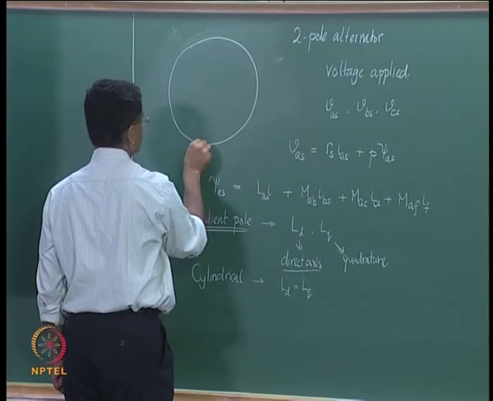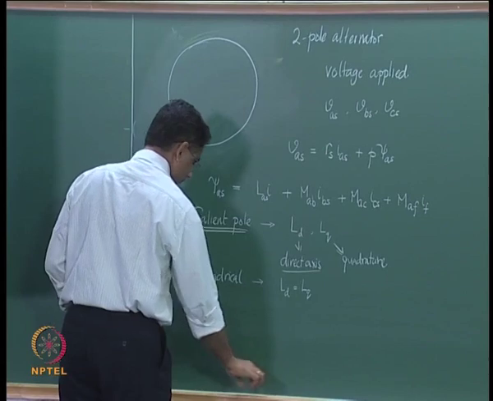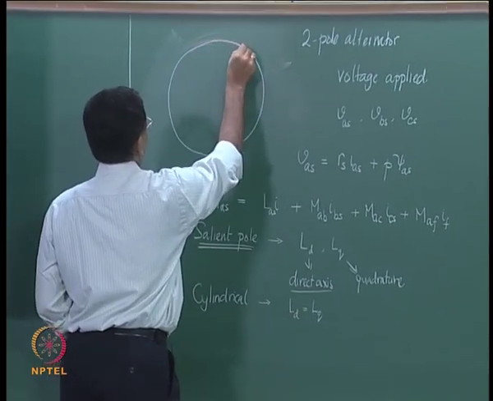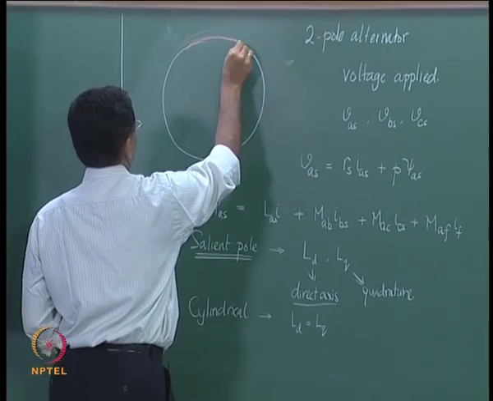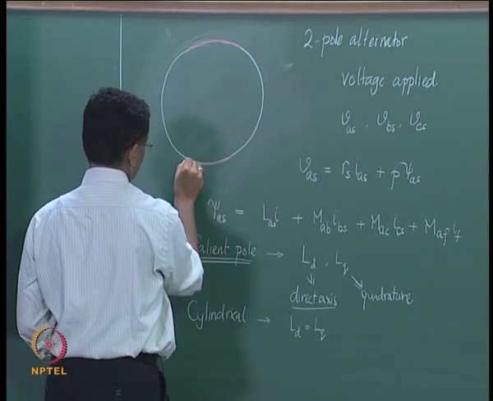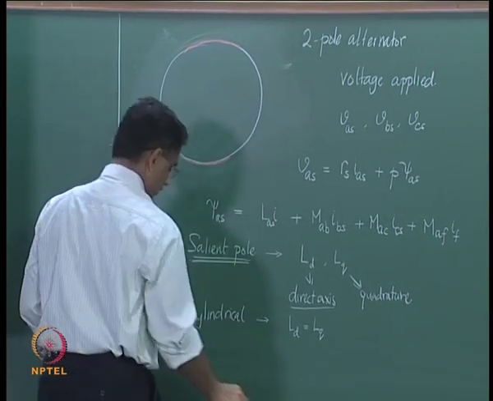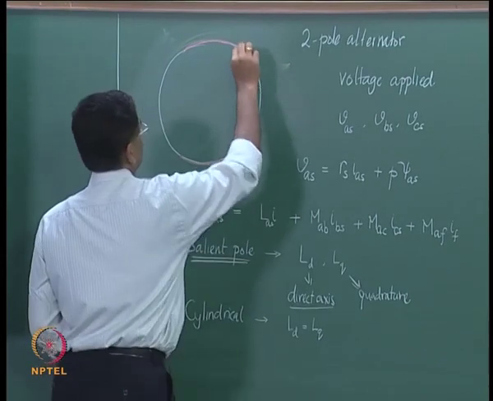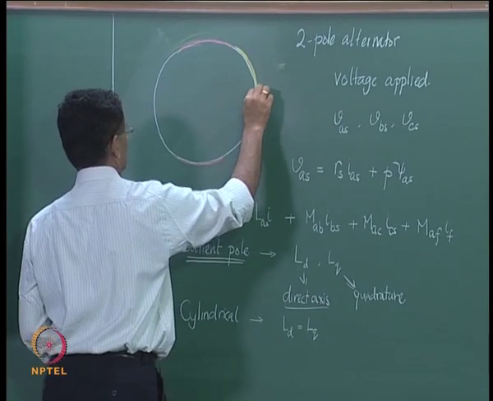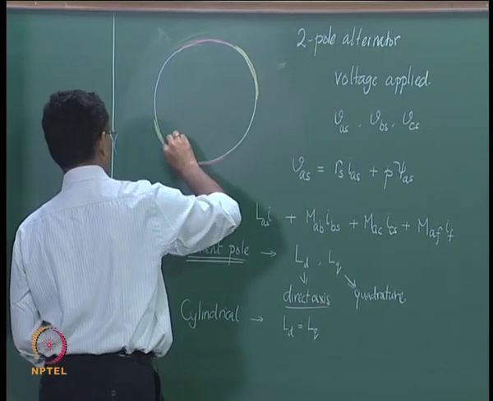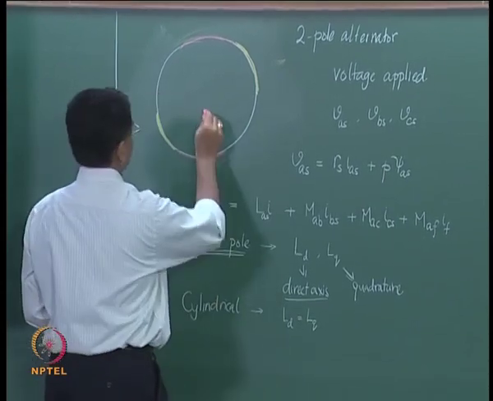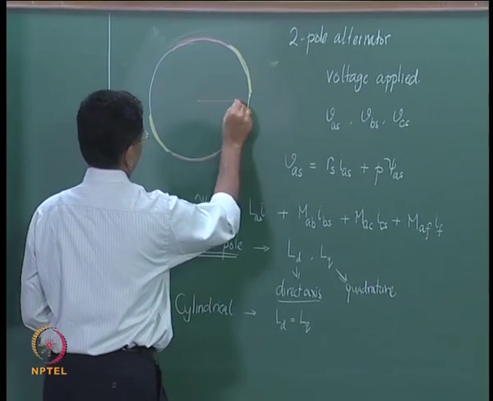You have a stator and then you have a winding here, which is, let us say, phase A, and then you have another phase which is phase B, and phase A would have its axis here.